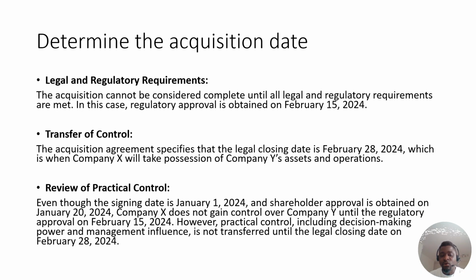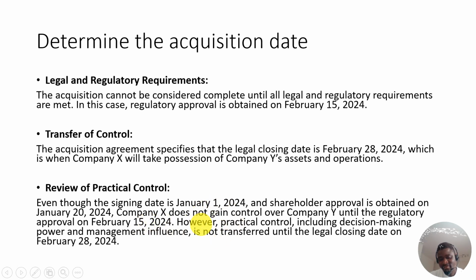So let's now conclude. On practical control, even though the signing date is January 1, 2024 and the shareholder approval date is January 20, 2024, company X does not gain control over company Y until the regulatory approval on February 15, 2024.